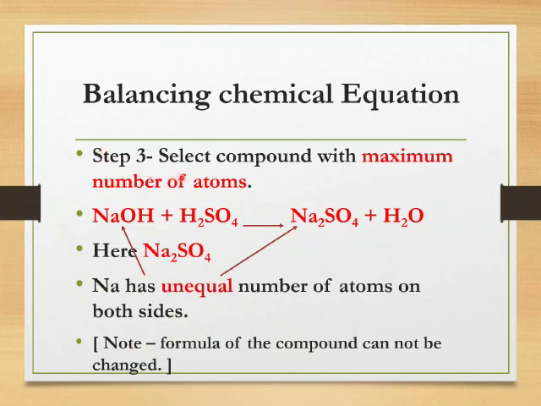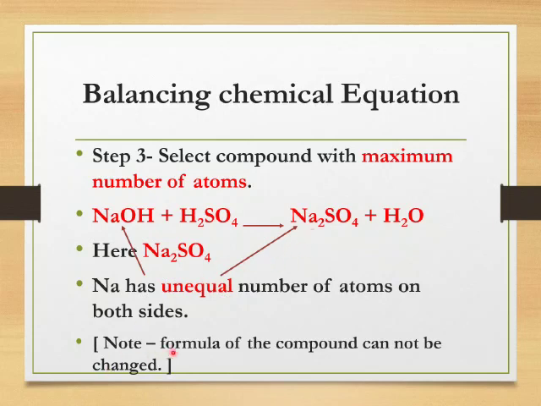First of all, we have to select a compound with maximum number of atoms. So here we have sodium sulfate, which is having maximum number of atoms. But sodium atom, on the reactant side there is only one sodium atom, and on product side we have two sodium atoms. So we will have to make the number equal.